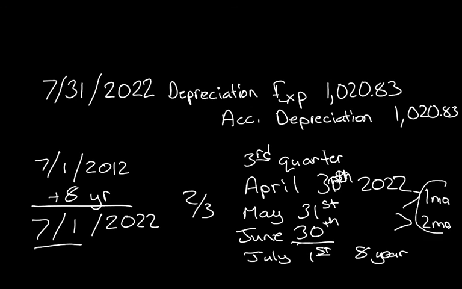So there's 2 months of depreciation that has to be accounted for at the end of the third quarter, which is July 31st, 2022. So therefore, that journal entry will be debit depreciation expense $1,020.83, and credit accumulated depreciation $1,020.83. I hope this helps. Have a great day.